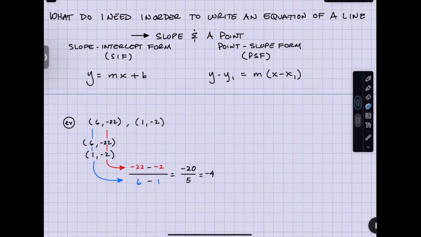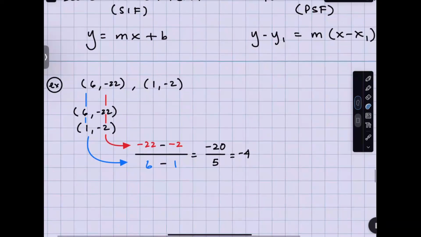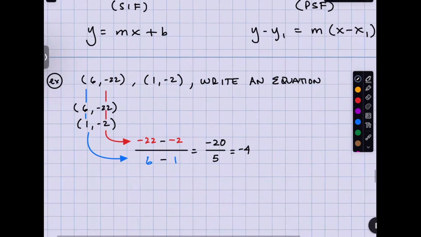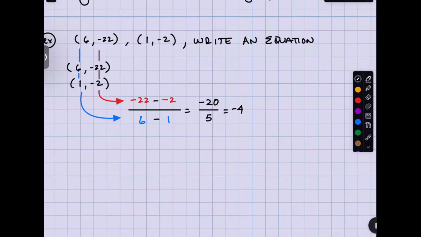So let's say that they're asking you to... Most likely it's going to say, write an equation of a line that goes through these 2 points.